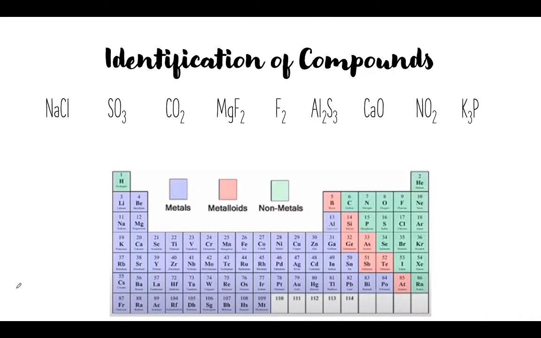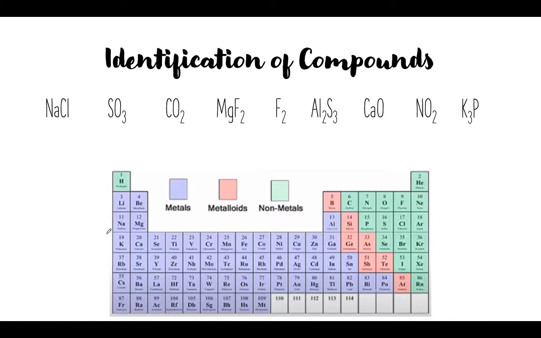Okay, so what I want you to do is, from this list, identify all of the ones that are ionic compounds. You're given a huge list here. I want you to pause the video and identify which ones are ionic and which ones are molecular, based off of the periodic table that I have here.